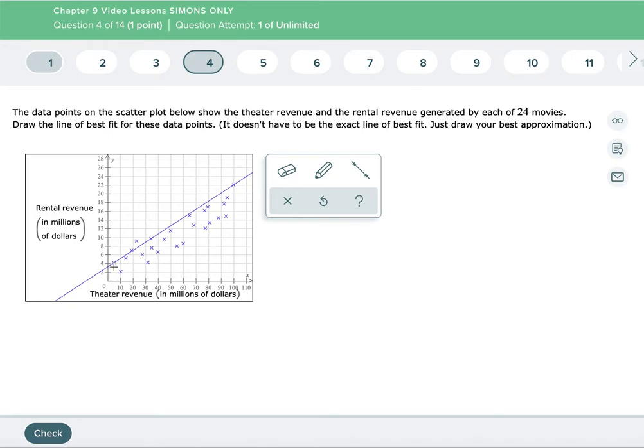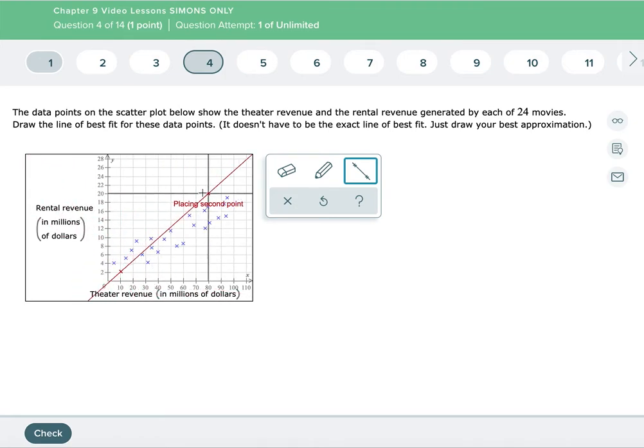So I would definitely want to move this line down a little bit, if it lets me. And it's not going to let me. So I would erase this line. When I put the line on, you definitely want it to be sort of more in the middle.